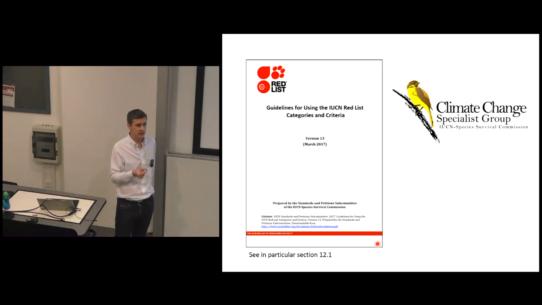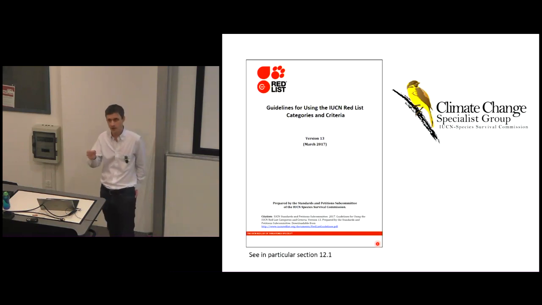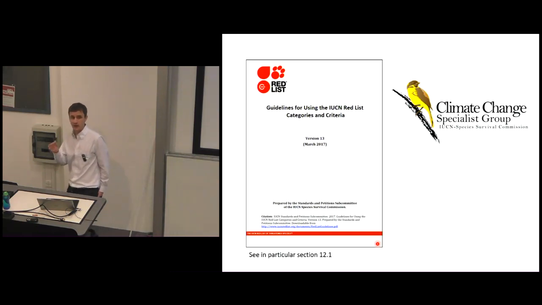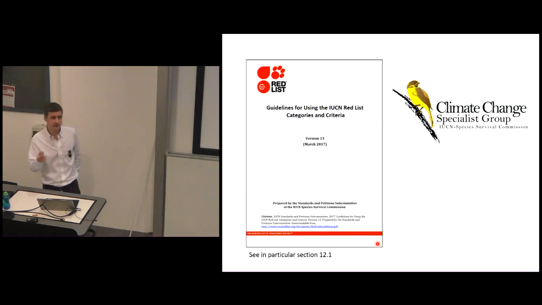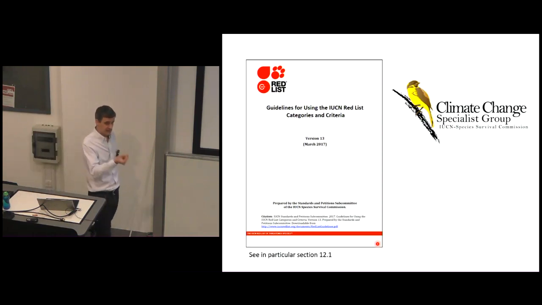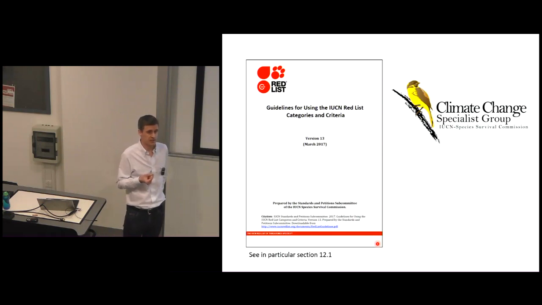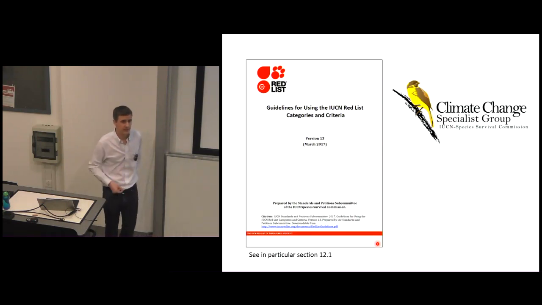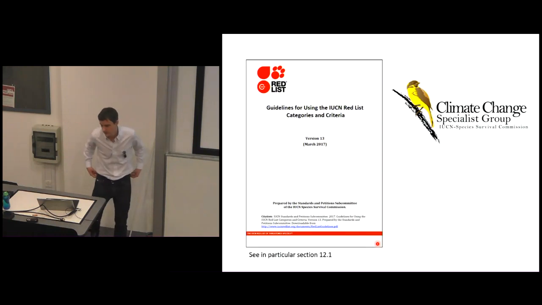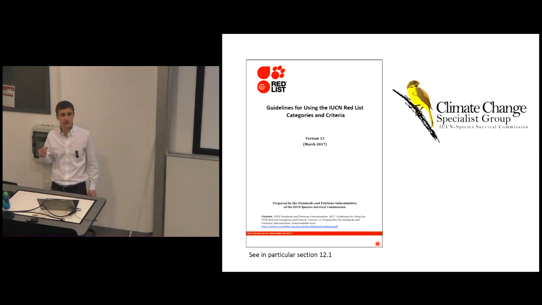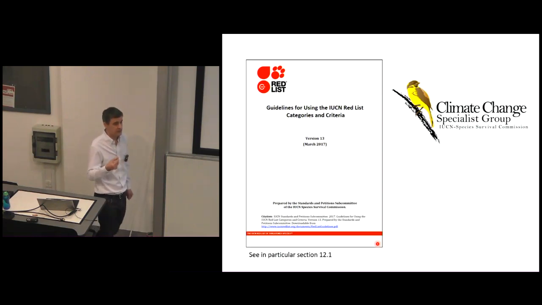There's a long way to go, but for the first time we've got some information there on how you should implement the IUCN red listing criteria within the context of climate change. So hopefully over time, we're putting out the knowledge, resources and tools to increase the ability of people to red list species specifically because of the threat of climate change.